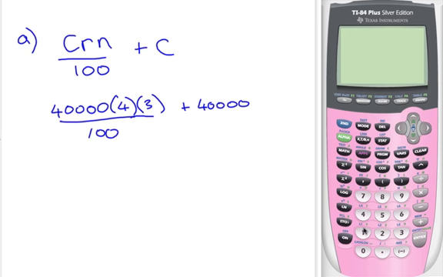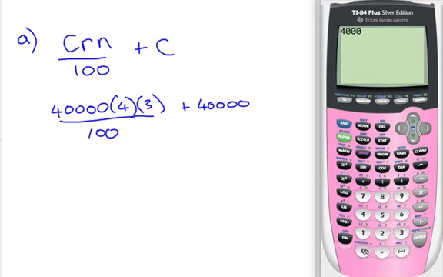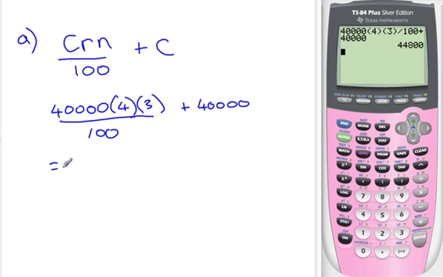All right, so here we go. 40,000 times 4 times 3 divided by 100, and then we're going to add 40,000 on. So we end up with 44,800 US dollars. That's how much his government bonds are worth at the end of 3 years.